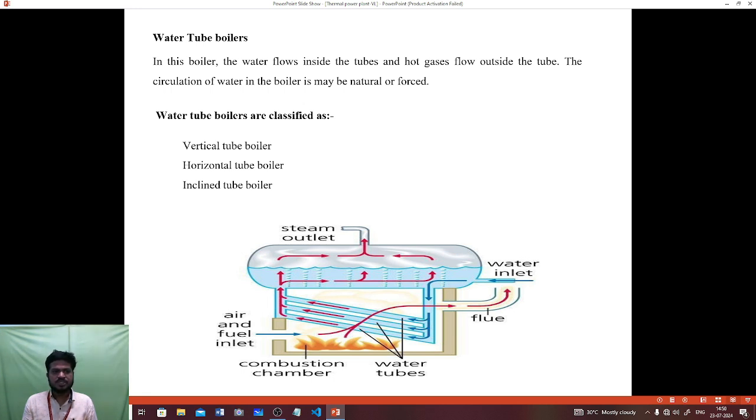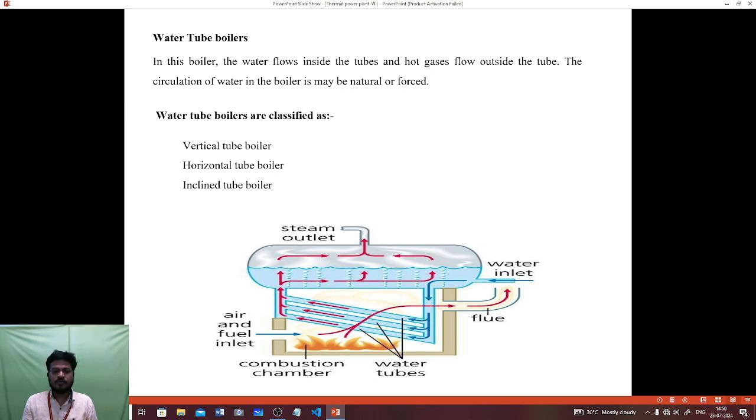The diagram shows the inclined tube boiler. In this, the combustion chamber is used to combust the coal, and then the burned air and fuel mixture gases flow through the chamber. In the chamber there are inclined tubes through which the water passes.